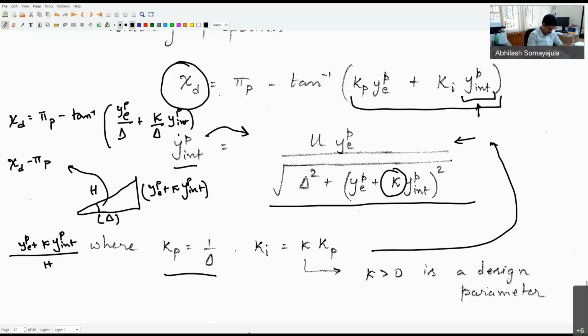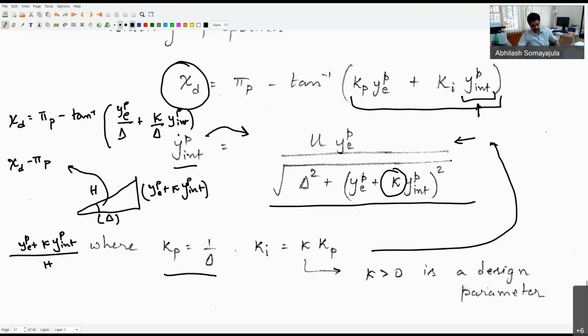What is happening at yp int not equal to 0? What is governing the dynamics? You will have something coming into the course angle correction, which is trying to counteract your so-called disturbances. That is the idea.